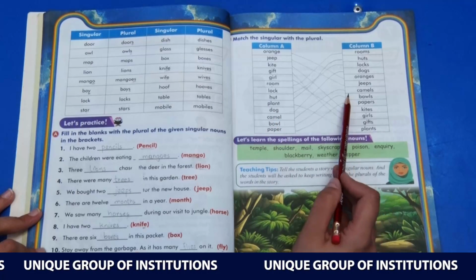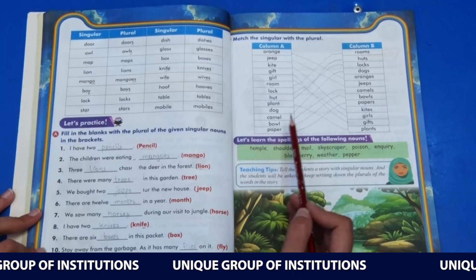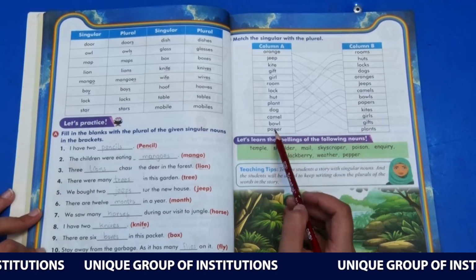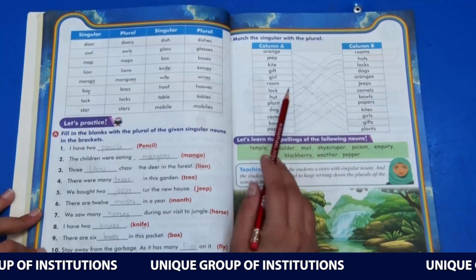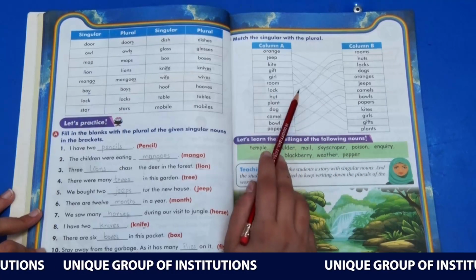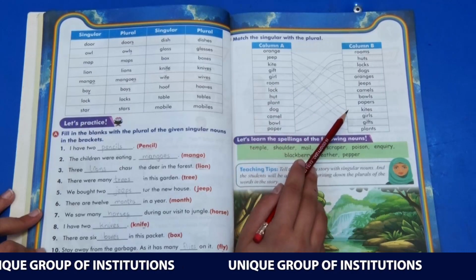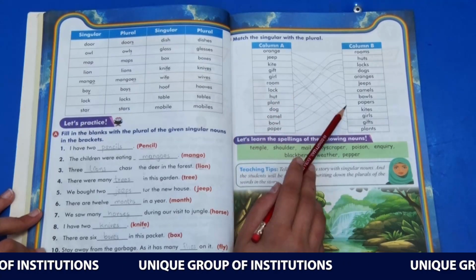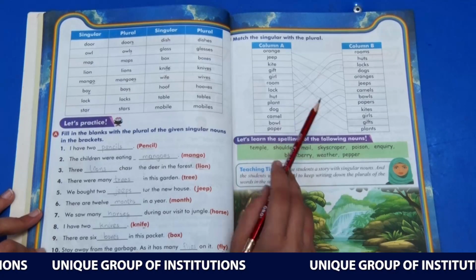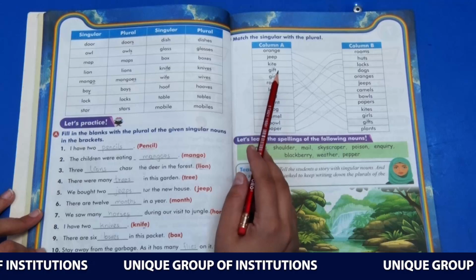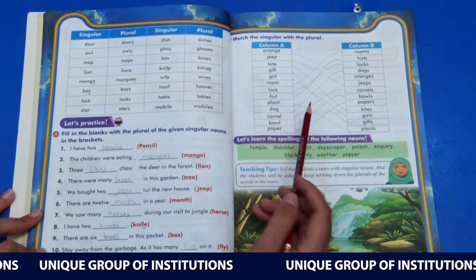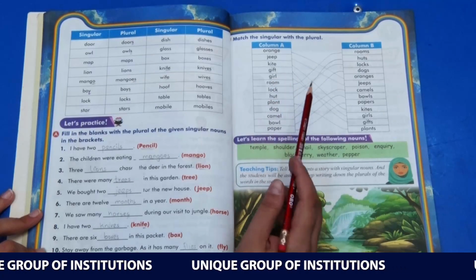Camel, camels. Bowl, bowls. Paper, papers. As you can see, I matched the singular with the plural to make a proper sense of matching. All you need to do is hold a pencil in your hand and match each singular to the appropriate plural. Okay? Hopefully you are done with that.